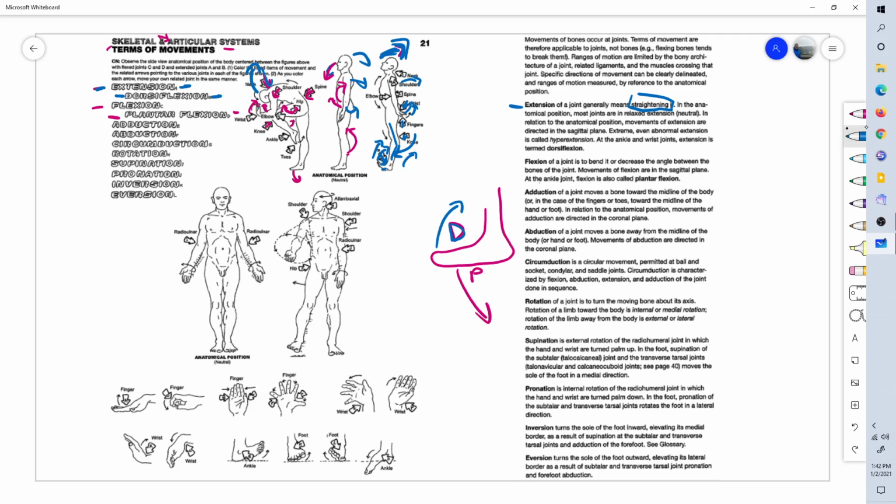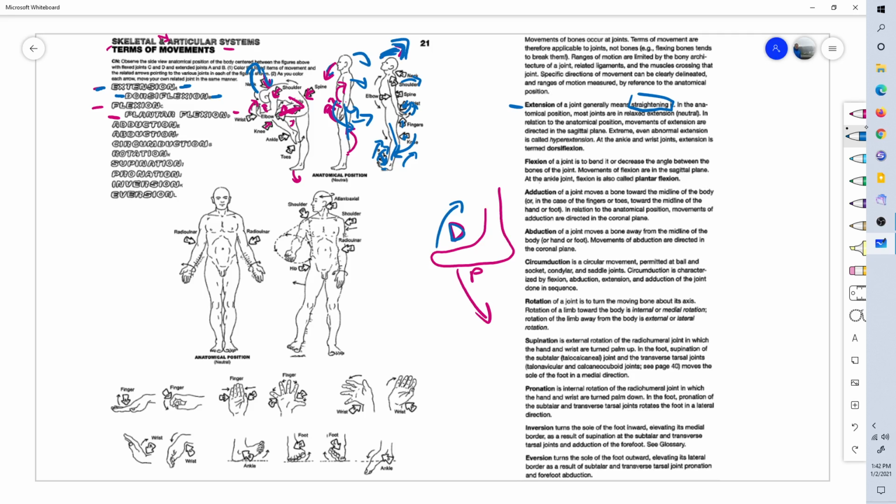If you were to bring this hip up and forward like this, as in this picture, bring your hip closer to your torso, that's flexion. If you were to bring your hip down and away, back this way, like a runner kicking backward, that's extension.